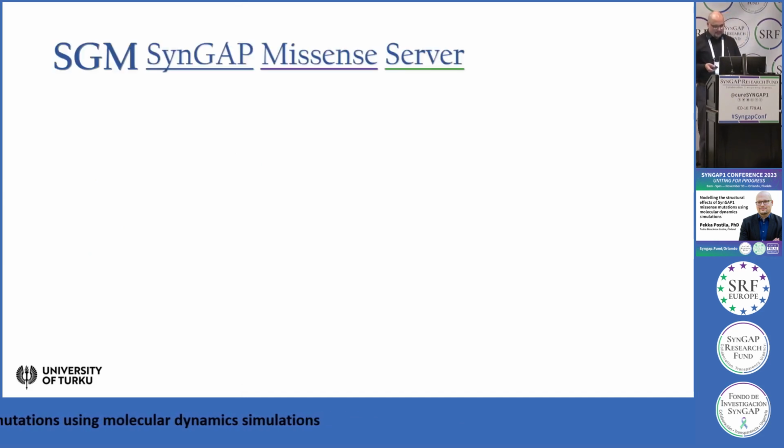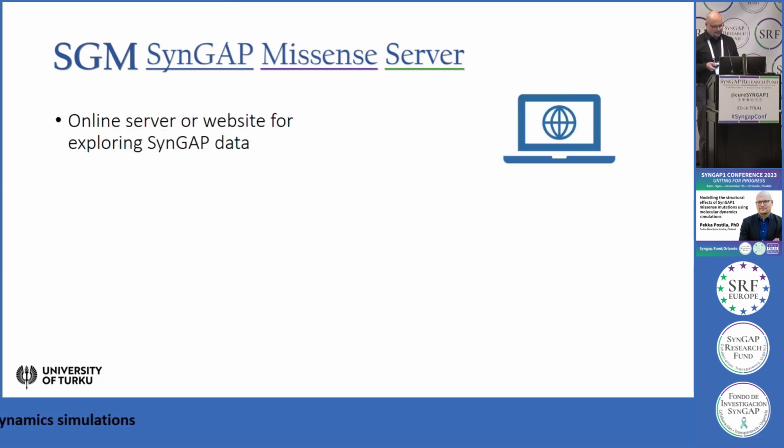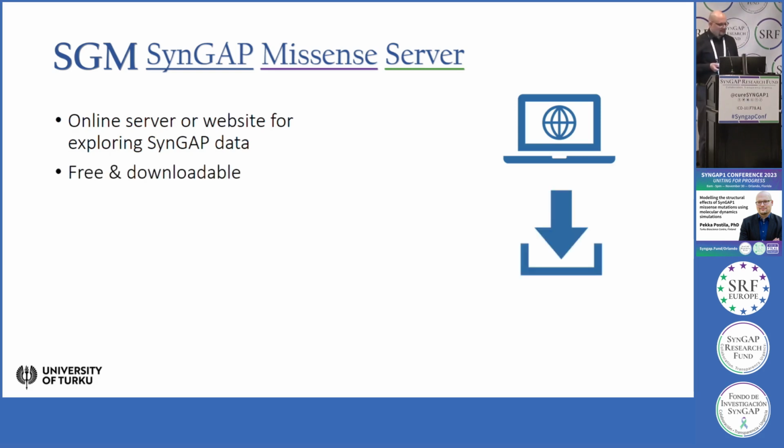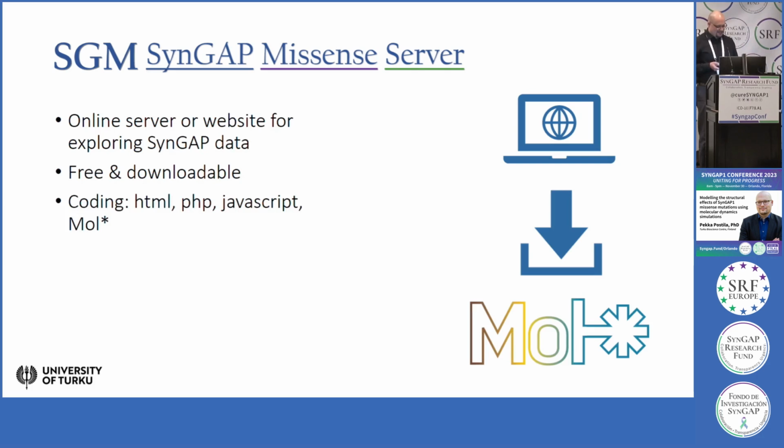And for distributing the data, we have already built a server, which is in the final stages, called the Syngap missense server. So I'm just going to show a few screenshots from the server. I borrowed the colors from the SRF here for the server, but let's see what it's going to finally look like. So it's a website.